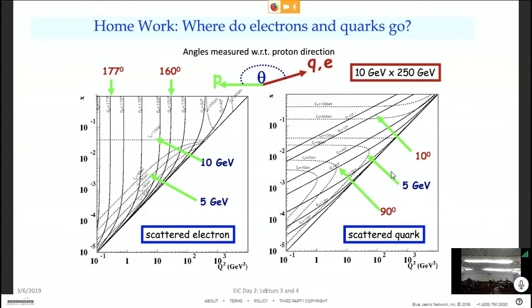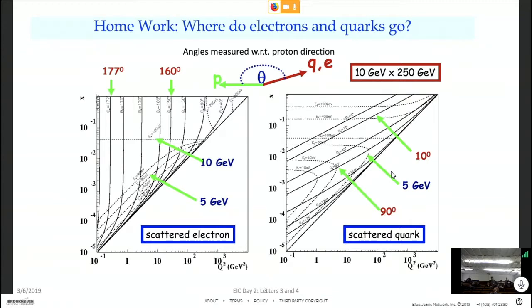So now let's look at the scattered angle of the electron, which is 177. Remember, in the initial state, the electron is coming against the direction of the proton. That means at 177, the electron was scattered only by 3 degrees. So it's a small angle scatter. Let's see where it sits on the q squared axis.